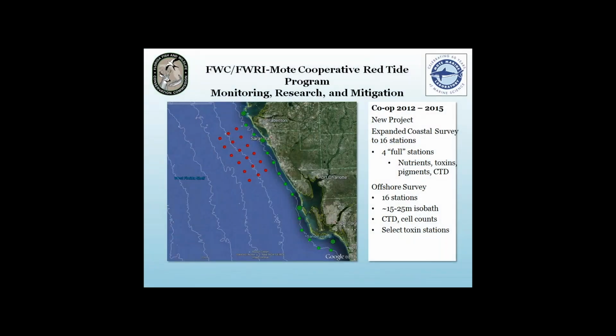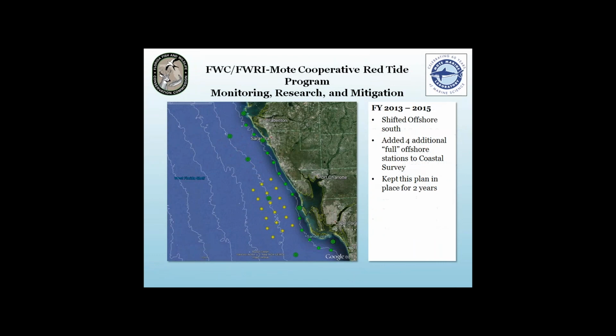So this is just an example of our monitoring effort from 2012 to 2015. We had a coastal survey and an offshore survey. We collected samples for nutrients, toxins, pigments, and CTV. And this was the 2013 to 2015 effort, and those samples we shifted south.